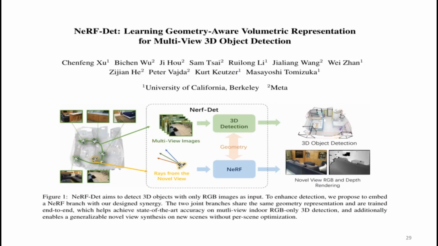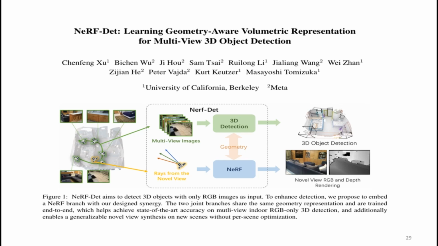Okay, next the paper, it is on NeRF-Det: learning geometry-aware volumetric representation for multi-view 3D object detection. Indoor 3D object detection has long been a challenging task, primarily due to difficulties in modeling complex geometries.